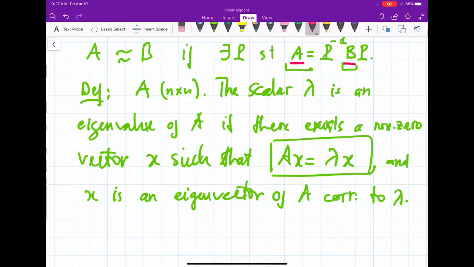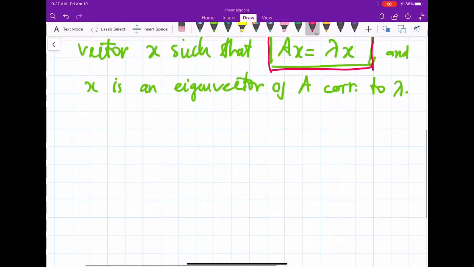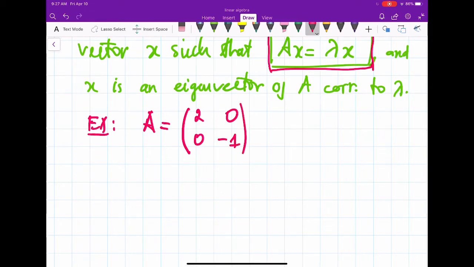Makes sense? Basically, in order to find eigenvalues and eigenvectors, we have to work with this system, Ax = lambda x. For example, if you have some matrix A = [2, 0; 0, -1], and you want to find eigenvalues and eigenvectors of this matrix, I have to consider the following.